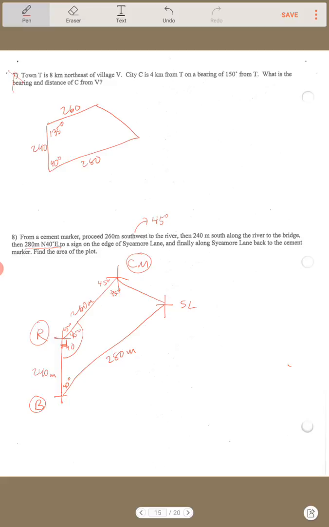Okay, so from here, it's just a matter of us trying to figure out how to calculate area. As you recall from our previous video, we know that we can find area of quadrilaterals by breaking it up into two triangles. So let's go ahead and do that. Okay, so there's my two triangles. Now the question comes into play, which way do you want to break it up?